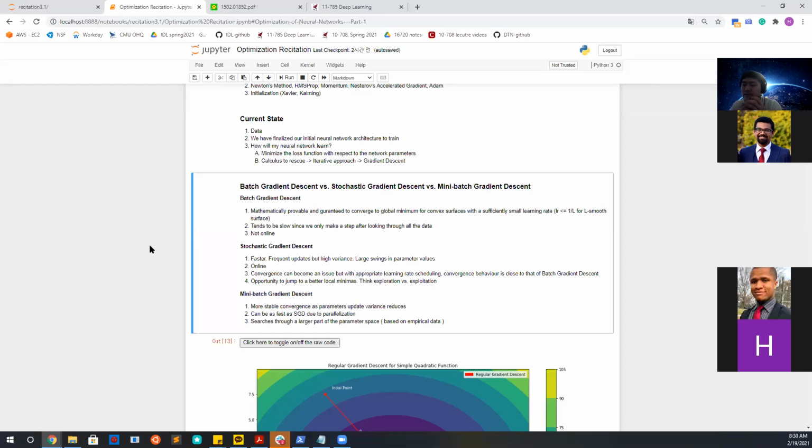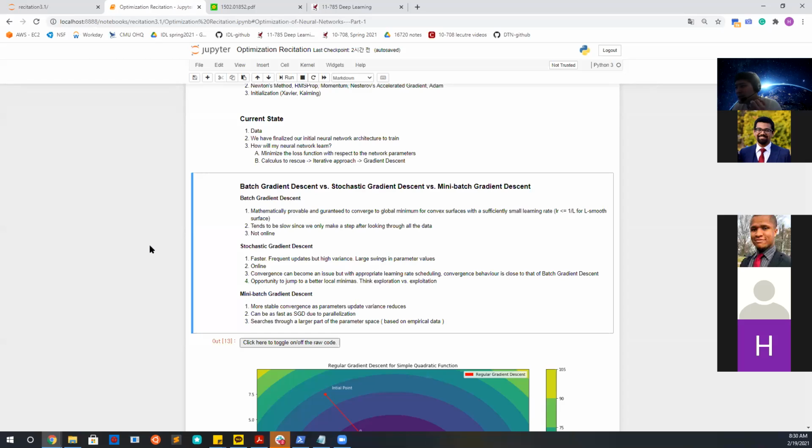On the other hand, stochastic gradient descent updates your network parameters right away as you see each training instance. So it's faster and you have more frequent updates.